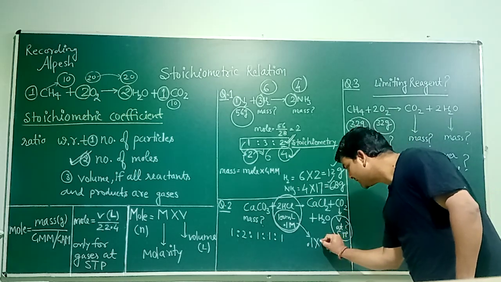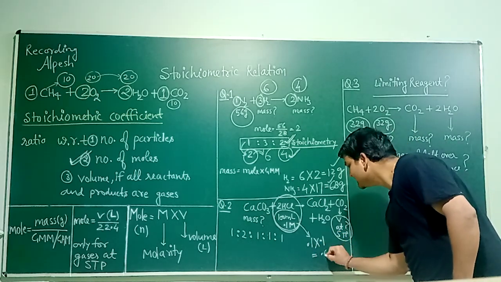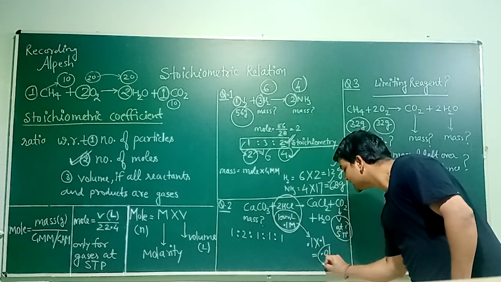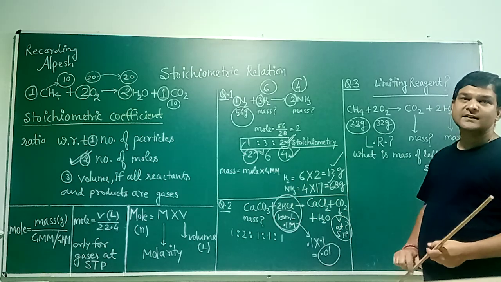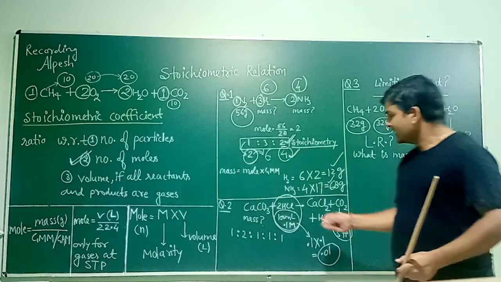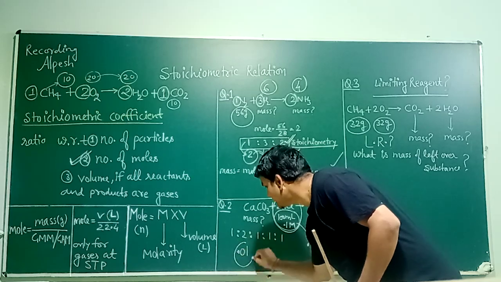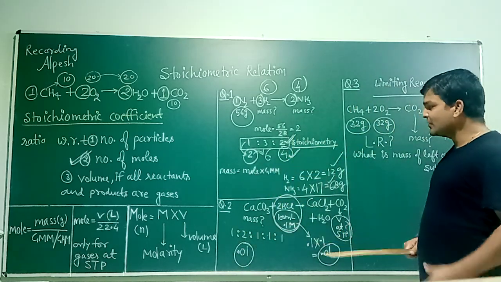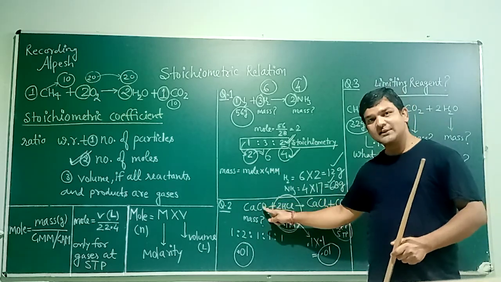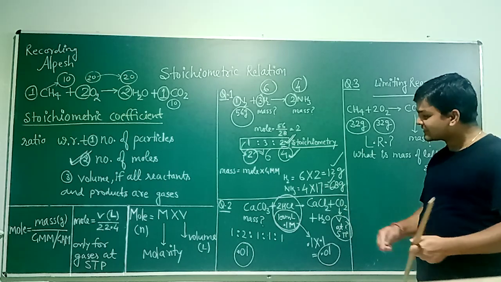So it is 0.1. This means it becomes 0.01. This is number of moles of HCl in the given question. So if HCl is 0.01, use the ratio to calculate moles of calcium carbonate and moles of carbon dioxide.